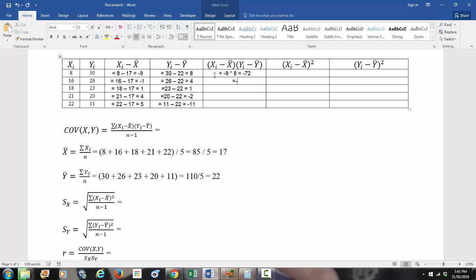The next one will be -1 times 4, which is equal to -4. Going down, we have 1 times 1, which is equal to 1. The next one is 4 times 2, which is equal to 8. And then lastly, we have 5 times -11, which is equal to -55.